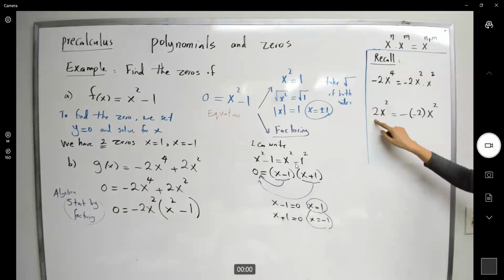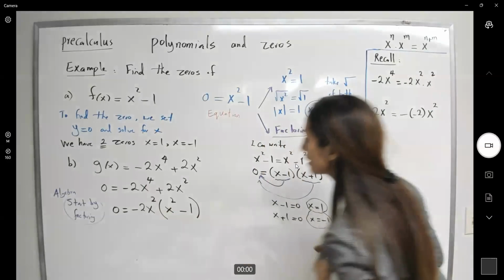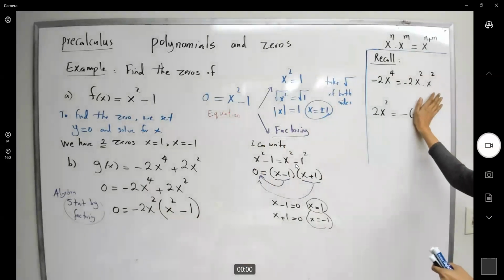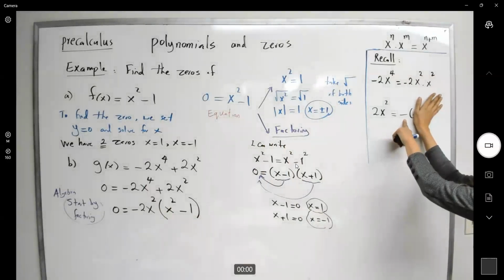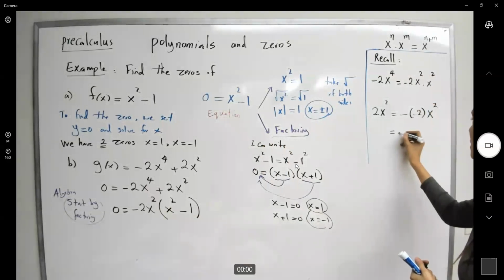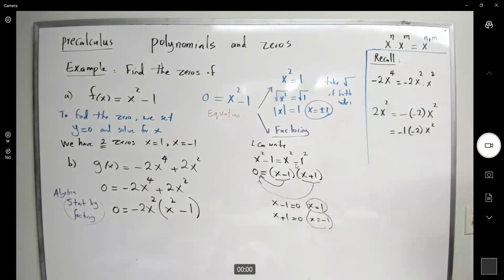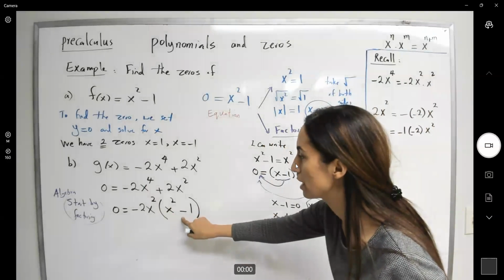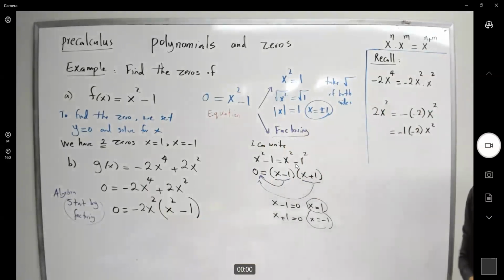So this 2 can be written as minus 2. So when I factor out negative 2x squared, I'm taking away negative 2x squared. What's left? Negative is left. What's the meaning of negative? Negative means negative 1. So this is negative 1 times negative 2 times x squared. That's how we end up with this negative 1 inside parentheses.